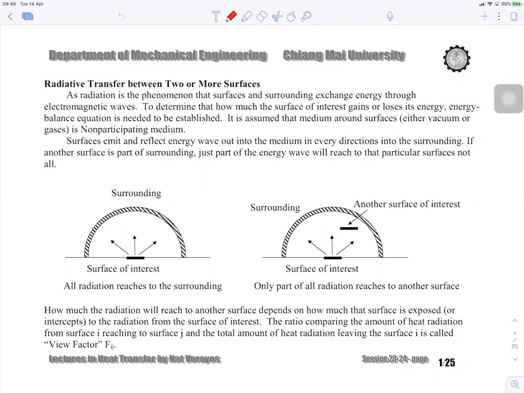Basically, from last time, we know that if a surface radiates energy out, it's going to be a combination of emission and also reflection. In other words, we call it radiosity. Okay, so let me make a note over here. This is the radiosity.